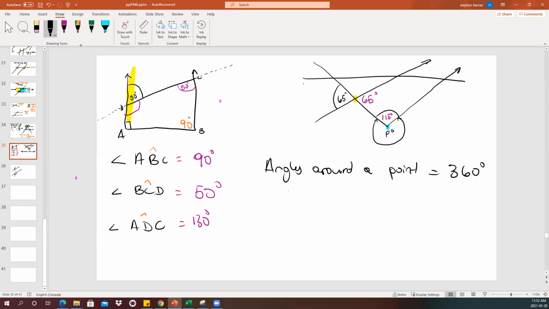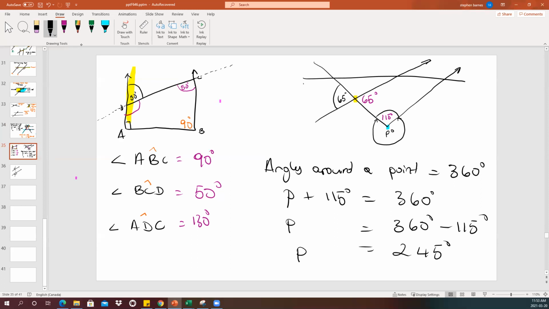So it means that if we add our angle P to 115 degrees, we should get what? 360. I keep writing 180. We should get 360 degrees. So P is equal to 360 degrees minus 115 degrees. Should be a reflex angle. Should give you 245 degrees. So that's what P is equal to.